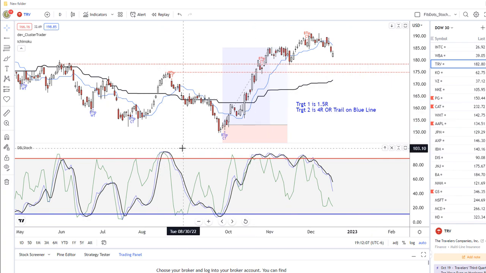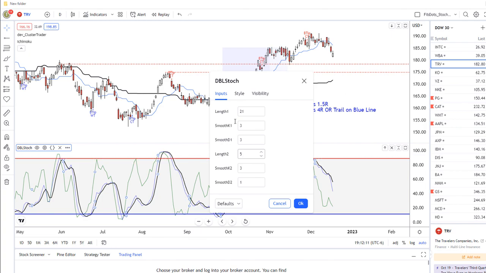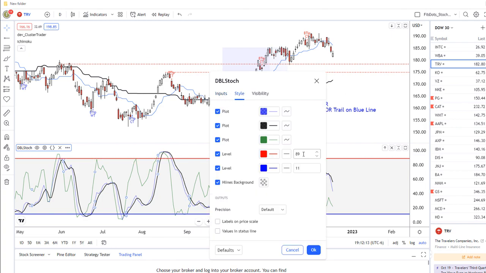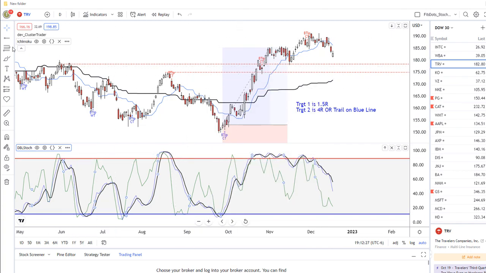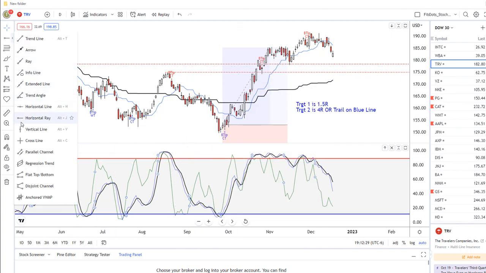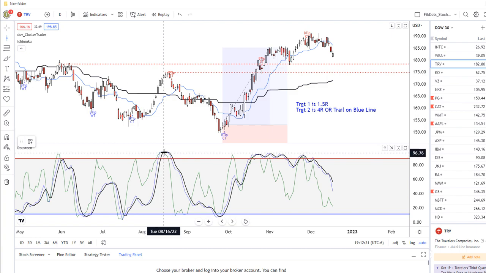But the key thing to focus on, if you want to really look for extremes, is to move your higher level up to 89 and your lower one down to 11. It's going to issue fewer signals for you. Then just grab your vertical line over here and wait until all of these are plastered.